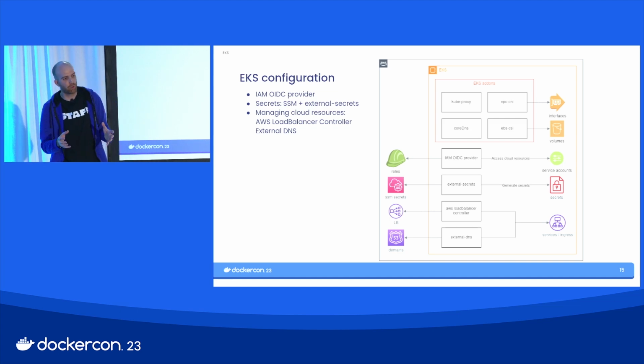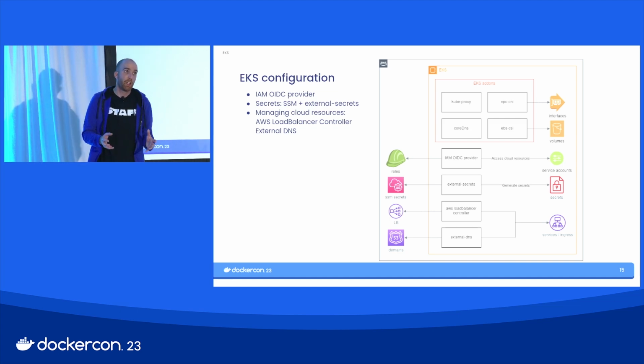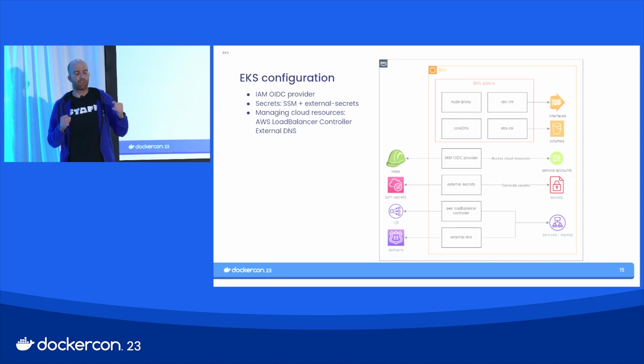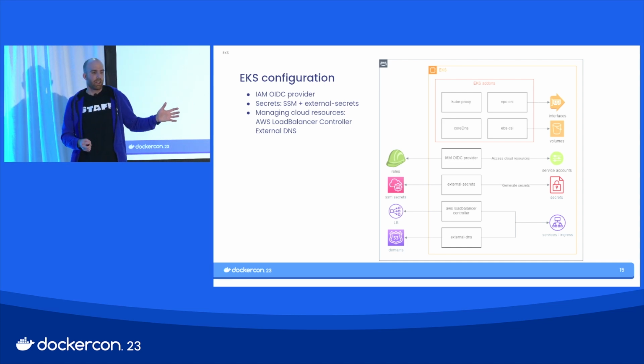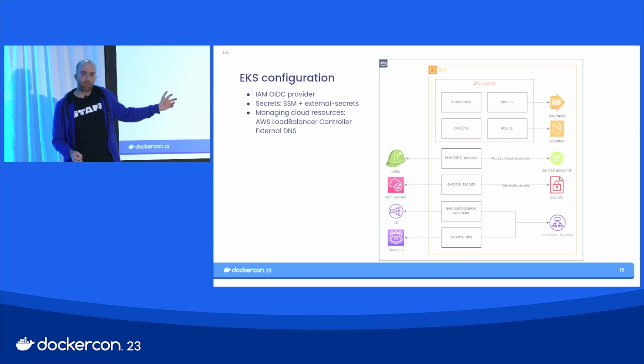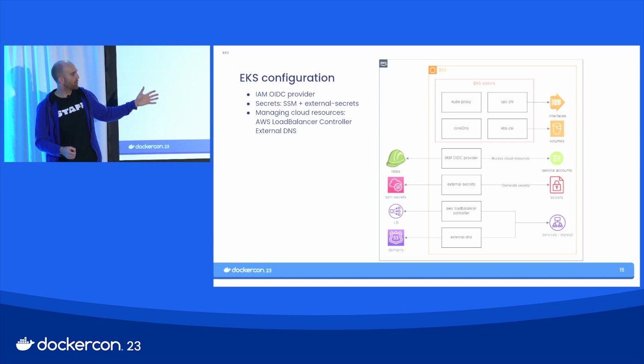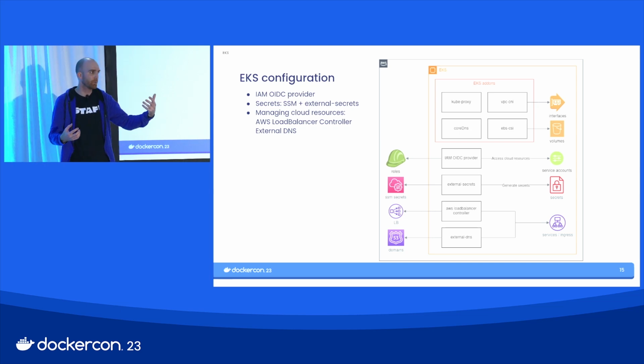And for things that are not user-facing, so non-critical access, for example hub.docker.com is not configured like that, we are using the AWS Load Balancer Controller and External DNS. That allows opening access to some applications, some pods, directly from the outside.